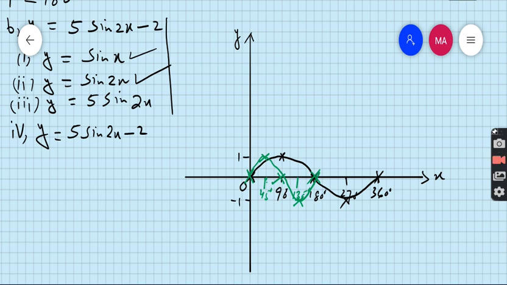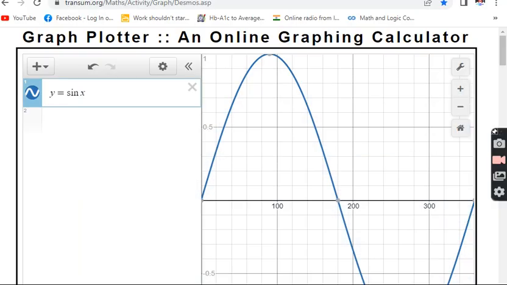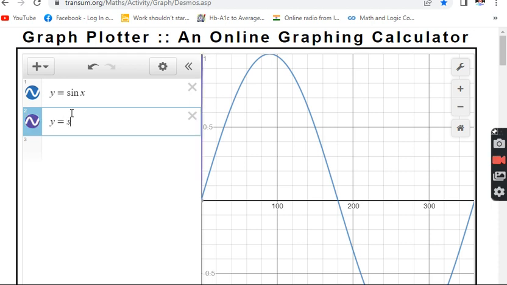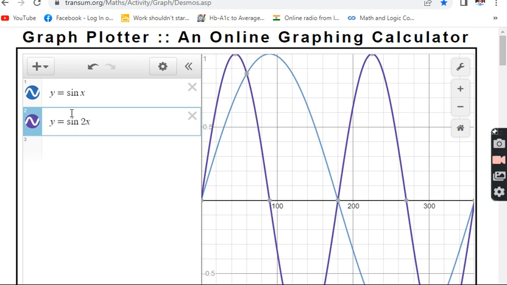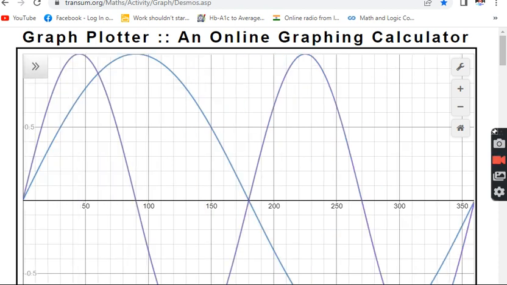The second one is y is equal to sine 2x. This is the graph.